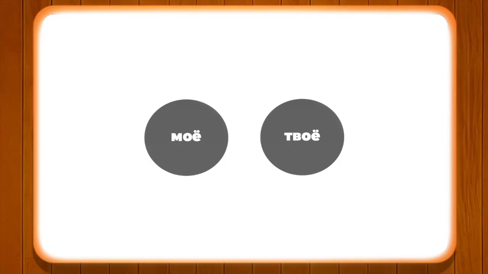That is why the pronunciation is моё, твоё. Моё means my, твоё means your. But since it is the neuter gender ending, you have to use a noun of neuter gender. Alright, for example, do we have any example of neuter gender with us? Yes, like окно. Окно means window, моё окно, my window, твоё окно, your window.